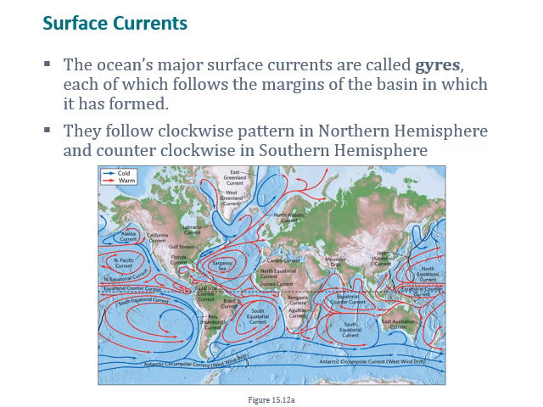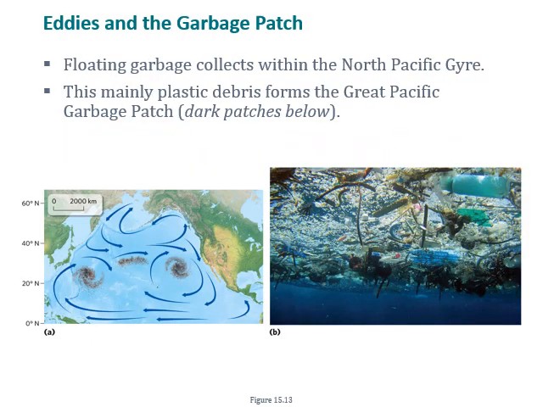This is a result of something called the Coriolis effect. The North Pacific Gyre is notable because it has a bunch of floating garbage in it, and this mainly plastic debris forms something called the Great Pacific Garbage Patch, as a result of this swirling of material in the near surface of the Pacific Ocean.